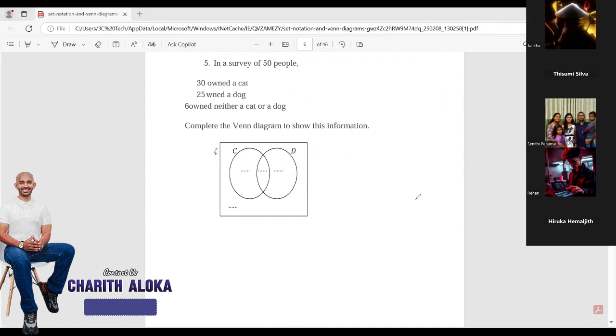In a survey, 30 own a cat, 25 own a dog, and 6 own neither. So here we have to put 6 for neither, 30 on a cat, 25 on a dog.